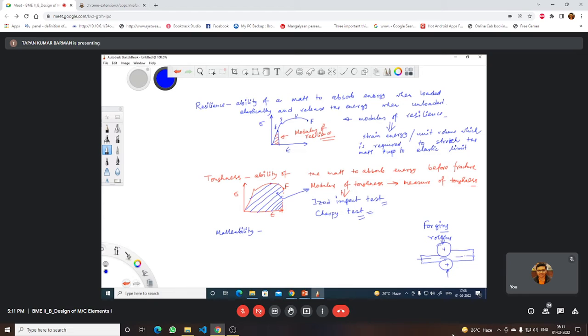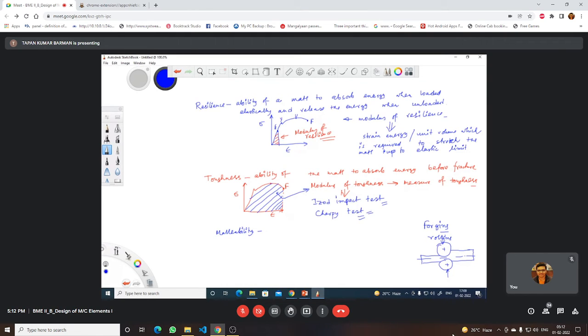So basically the compressive forces will be acting on the material. In forging operation also, we apply force to deform the material. So in deformation processes where compressive forces are there, this malleability property is essential.